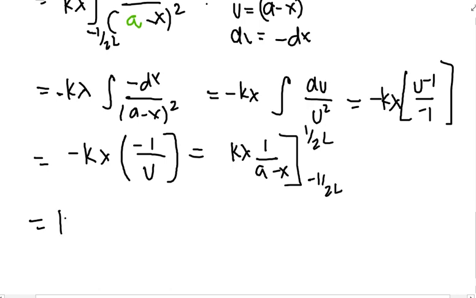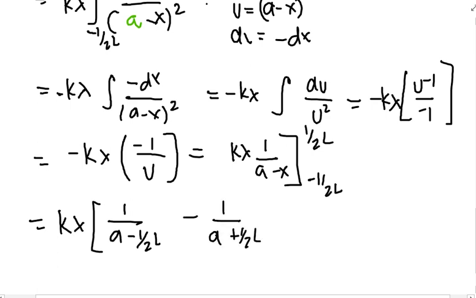So we have k lambda, and we substitute our lower to upper limit. So we will have 1 all over a minus 1 half L minus 1 all over a plus 1 half L.